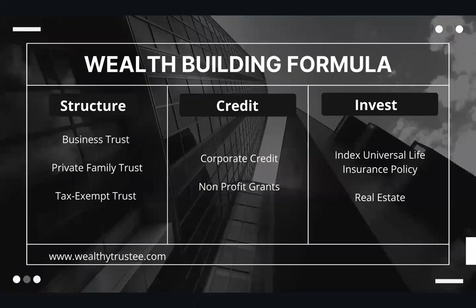And at that point in time, you can do a few things. The first thing you can do is leave the money inside of the business trust. And if the money stays inside of the trust, then it doesn't trigger a taxable event, which is powerful, meaning that you don't have to pay taxes if you're not doing any type of distributions and things like that, right?